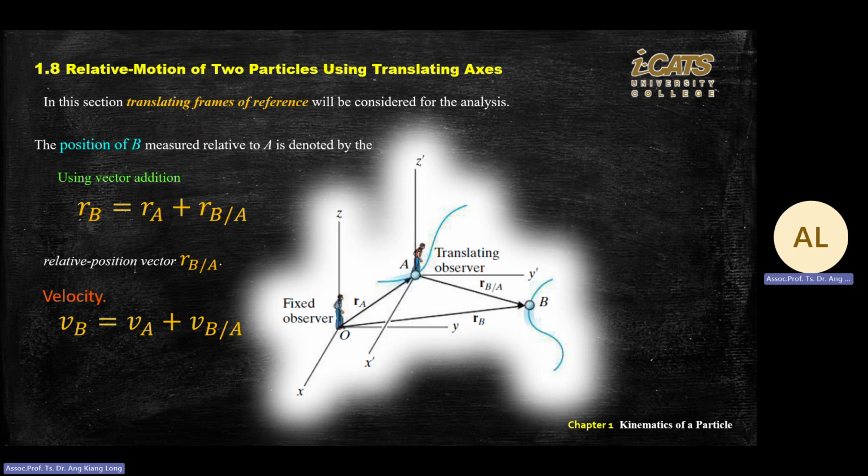Okay. Then what is RB stroke A? It is a relative position. From this equation, when you differentiate distance with time, you get velocity. R becomes V. So the first equation you establish is RB stroke A equal to RB minus RA. Then you differentiate the R equation, you get velocity.